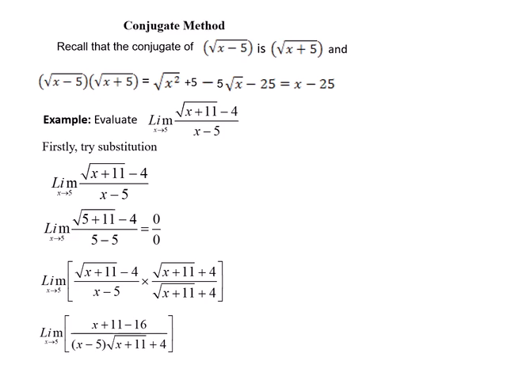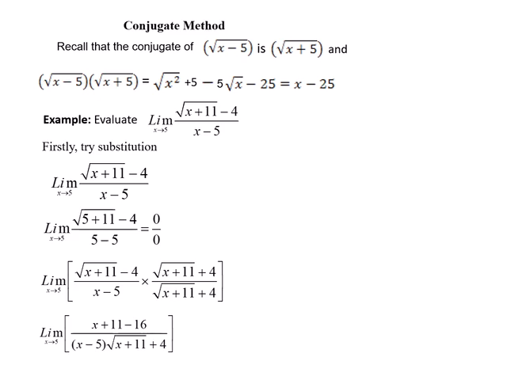So we now try the conjugate method. Let's get the conjugate of square root s plus 11 minus 4. What is the conjugate? The conjugate of it is square root s plus 11 plus 4. Where you see negative, you only need to change it to a positive sign.